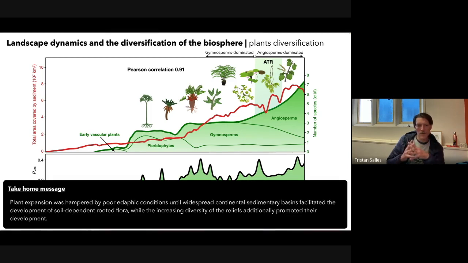So in this case, what we suggest is that landscape, by creating opportunities for sediments to start to deposit inland, basically formed soil that facilitates the development of plants.